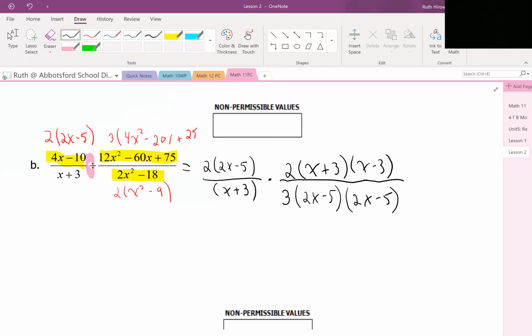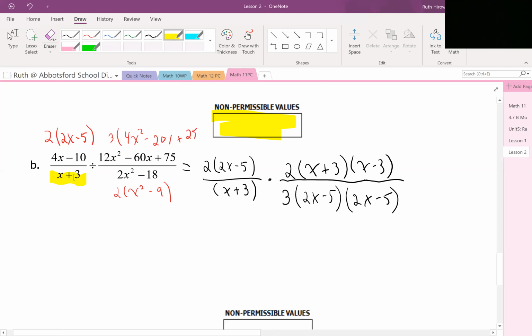I need to go to my non-permissible values. I think my highlighting is going to confuse you here, so let me take it off. My non-permissible values are coming from this original expression here, and they come from denominators that are 0.